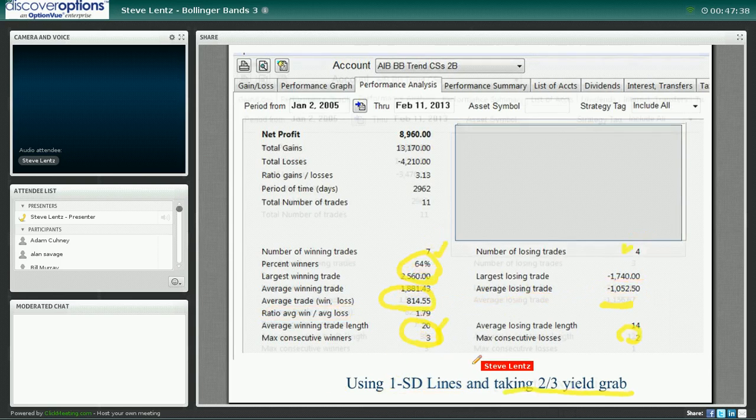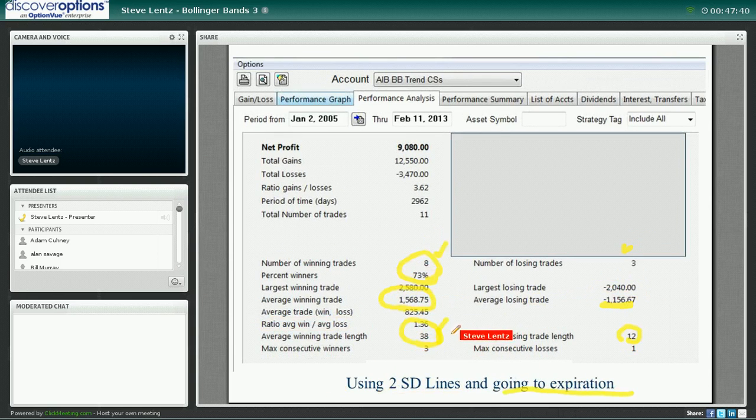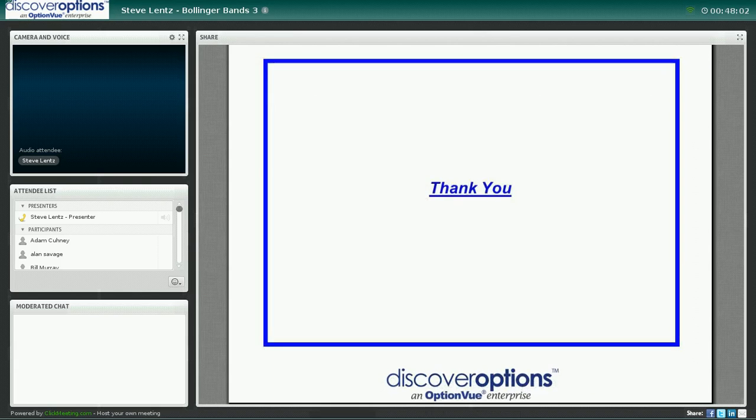Okay, let's go to the 2 line, selling farther away and going to expiration. Our average win to average loss goes way down. So we have more time in the market, and our average win is less. So you can see that by going closer in and having a yield grab, your edge goes up significantly here. All right, that is it.